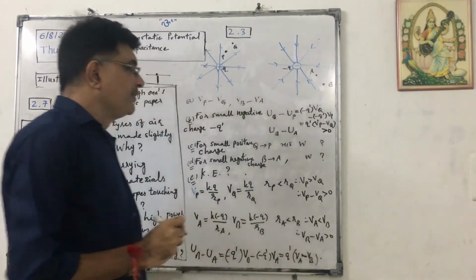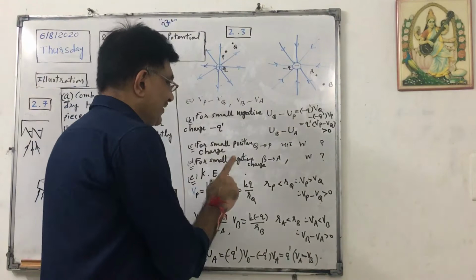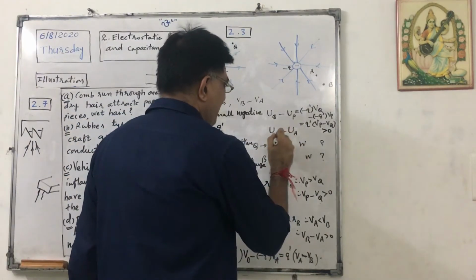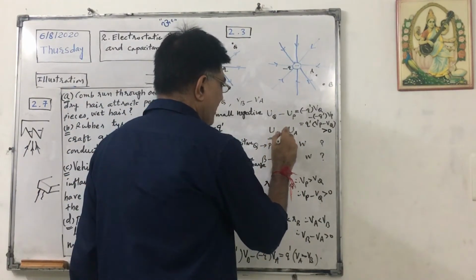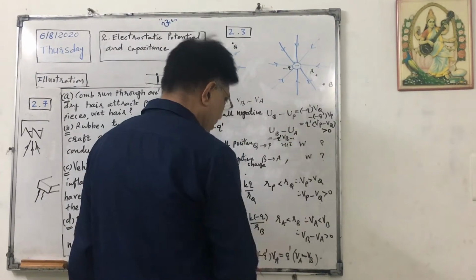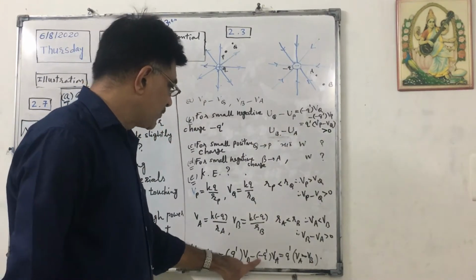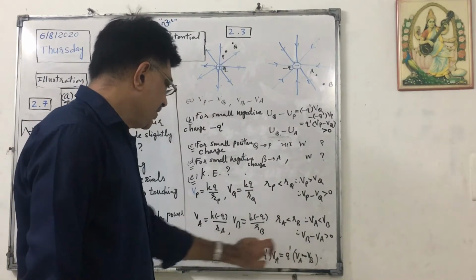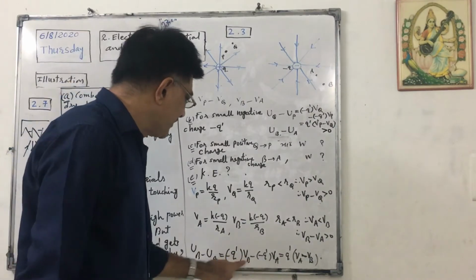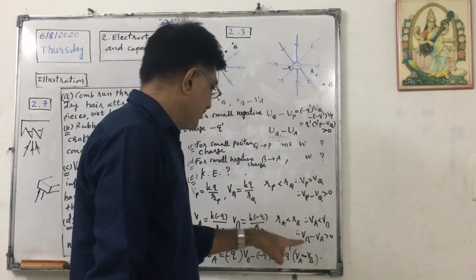Now what about Ub minus Ua? Okay. See, Ub minus Ua can be written as minus Q dash into Vb minus of minus Q dash into Va. I have calculated here. Taking Q dash common, it will be Va minus Vb, but we know that Vb minus Va is positive.